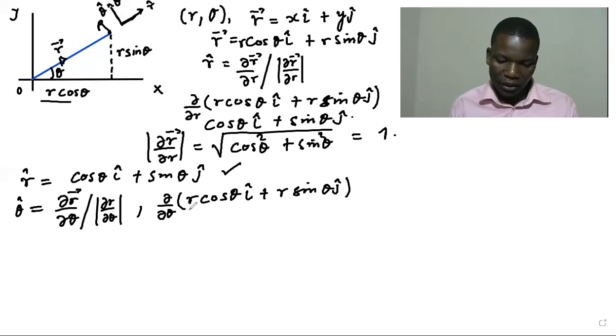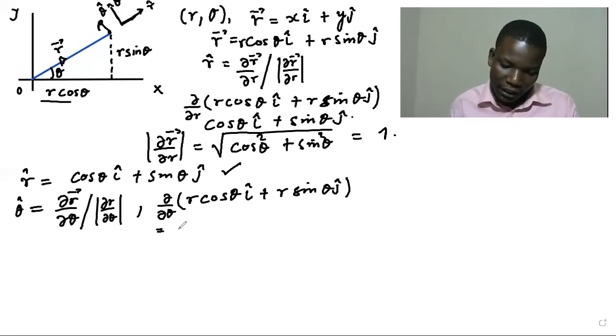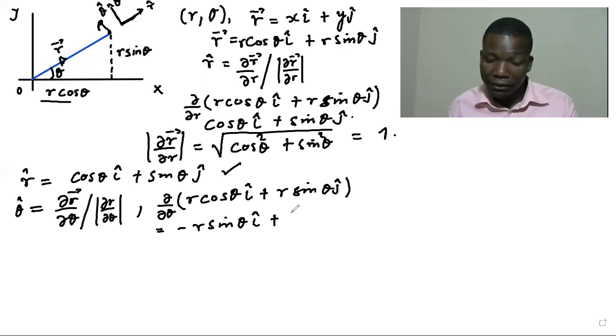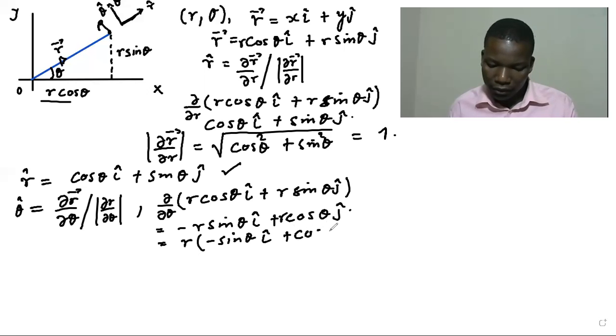When we differentiate this with respect to theta, the derivative of cos theta is negative sin theta, so we have negative r sin theta i, and the derivative of sin theta is positive cos theta, so we have r cos theta j. We can even say we have r times negative sin theta i plus cos theta j. So I've factored out r.